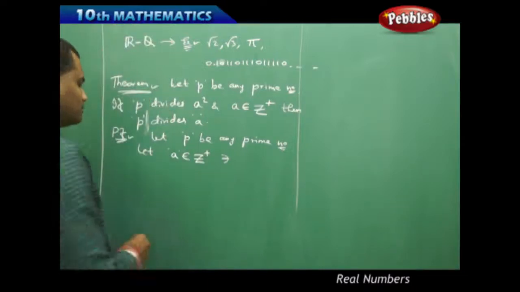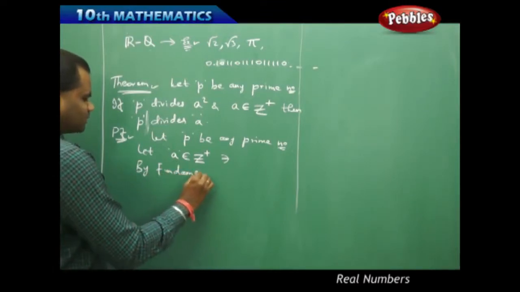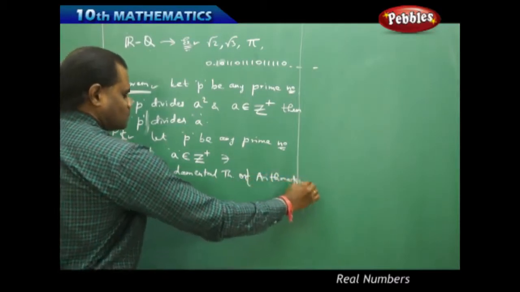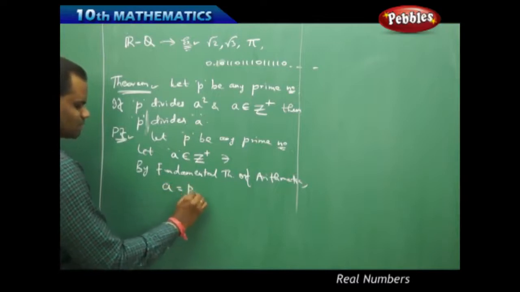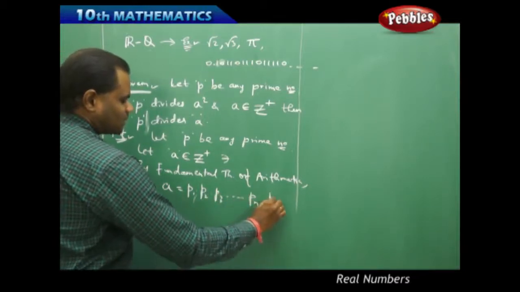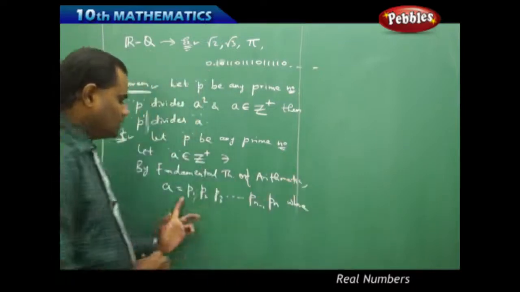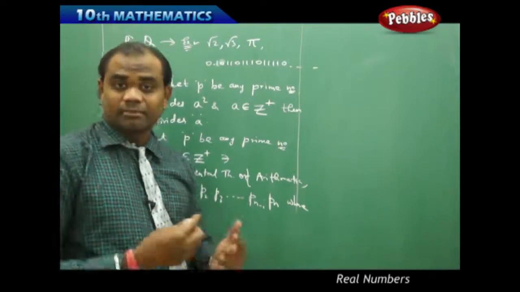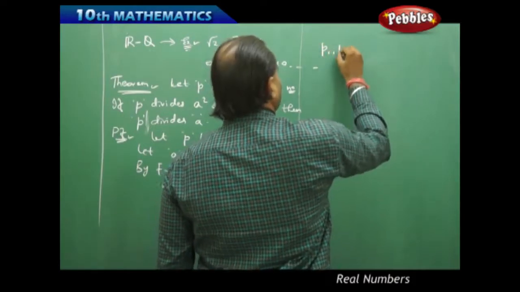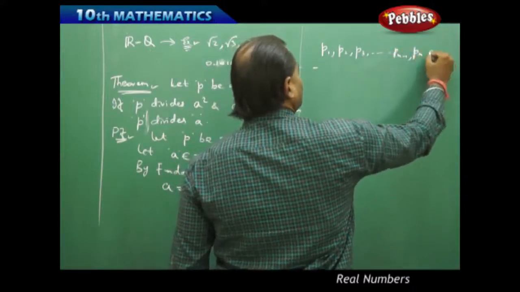So by the fundamental theorem of arithmetic, a can be expressed as p1 times p2 times p3, and so on, till pn minus 1 times pn, a product of primes, where each need not be distinct because some factors repeat.